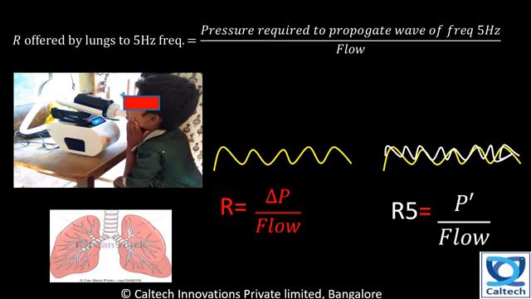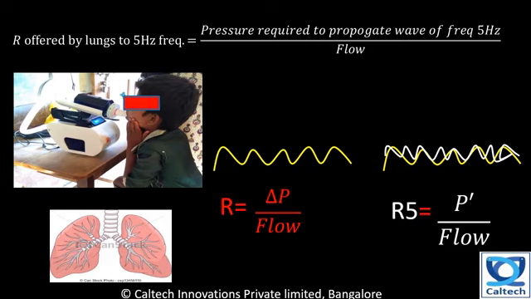It's simple. If you require more pressure to propagate the frequency of 5 Hz, that means there is an obstruction in the path of the 5 Hz frequency, because of which the resistance offered to the 5 Hz frequency is increased, and the resistance in the entire path is increased.